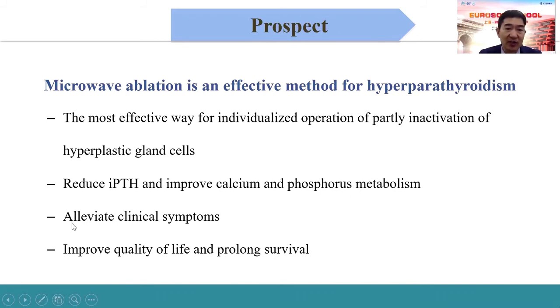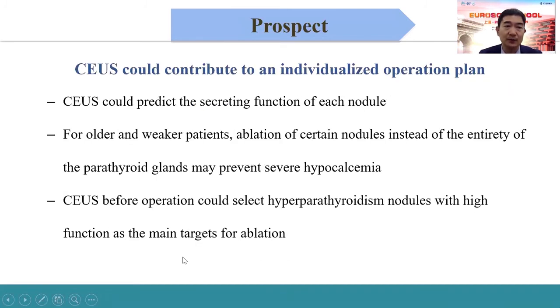It can alleviate the clinical symptoms. In fact, many patients have their symptoms disappear after microwave ablation. It could improve quality of life and prolong survival.